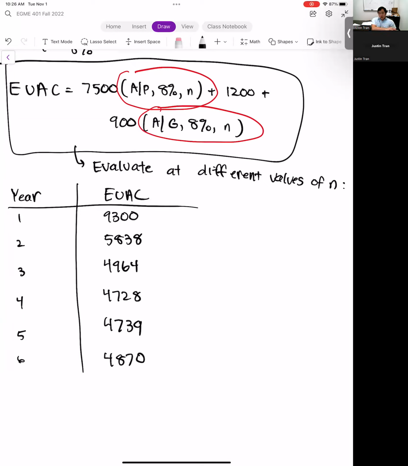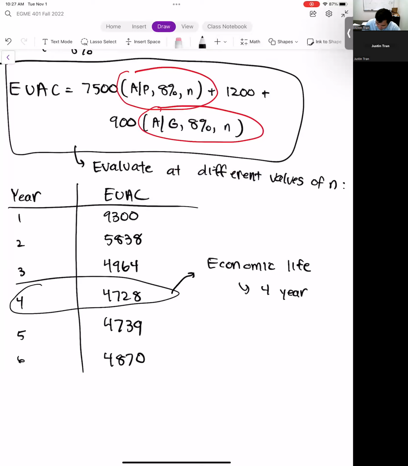What we're going to do here is look and see which one is the smallest. The smallest EUAC here corresponds to n equal to 4. This tells us that the economic life here is 4 years. If we keep the asset for 4 years, then we're paying $4,728 each year to use it over those 4 years.